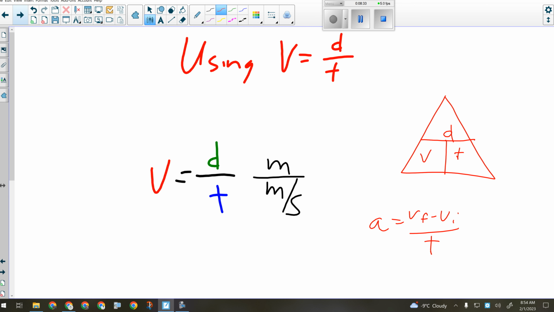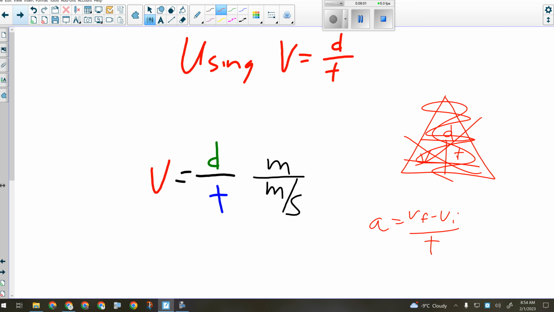As soon as you put a plus or a minus or a square root or anything else in there, this method of doing algebra where you cover up the one you're looking for doesn't work anymore. Sorry, I can't not be mocking when I talk about triangles and algebra. I can't help myself. So yeah, guys, that absolutely is out. We just cannot use those because almost every formula we use is not going to work with a triangle.